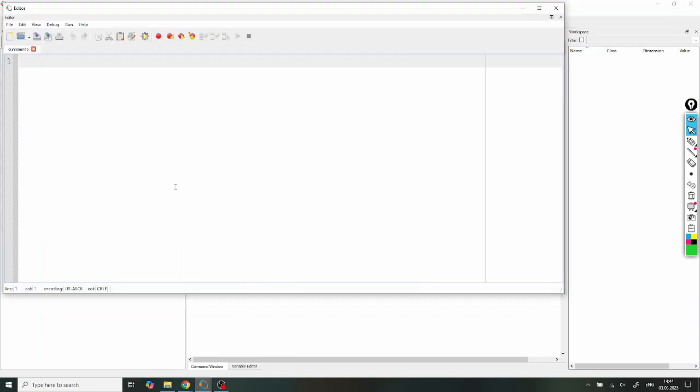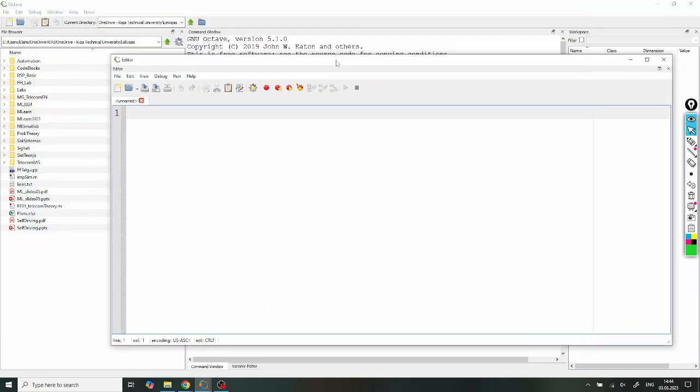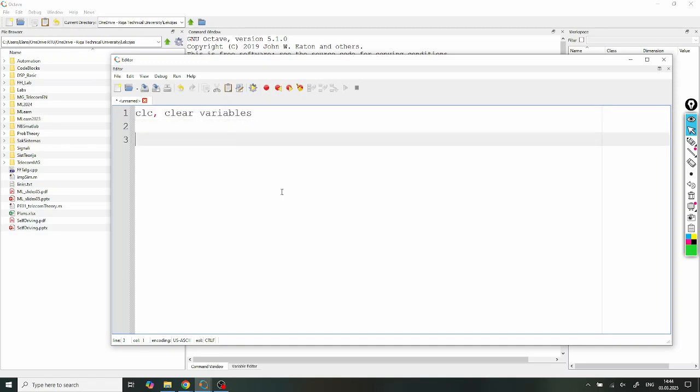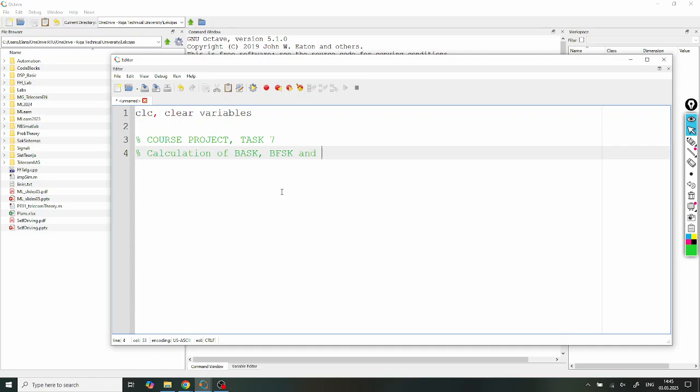So let's start with entering all our parameters we are going to need. So this is the course project task 7, calculating spectrums. Yes, so calculation of BASK, BFSK, and BPSK spectrums.